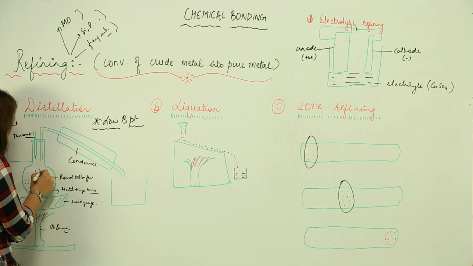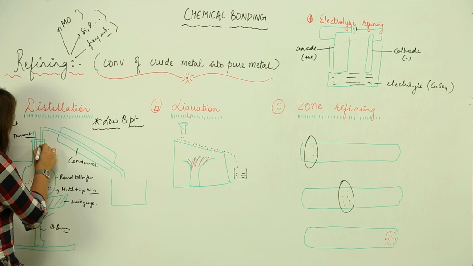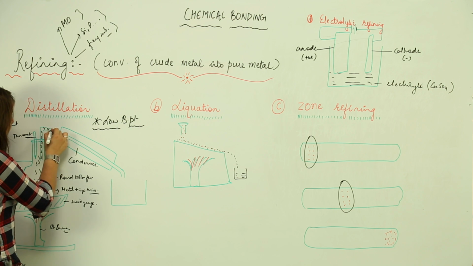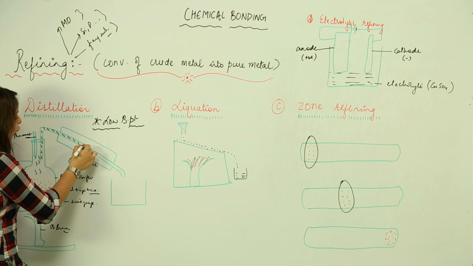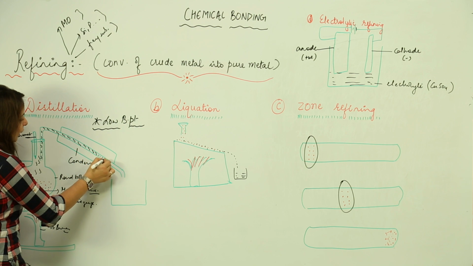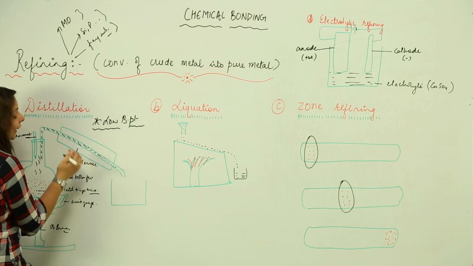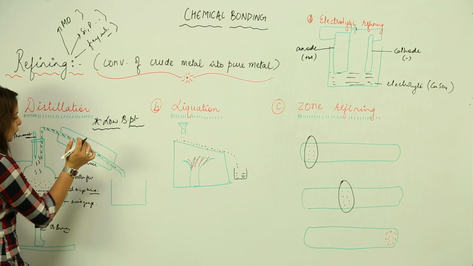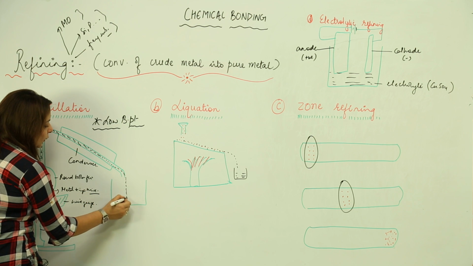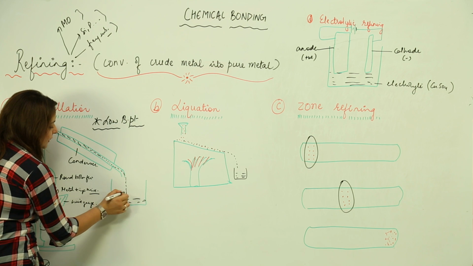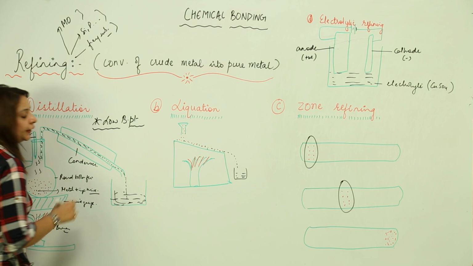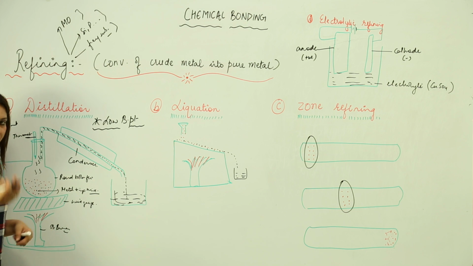The metal will vaporize, and as it vaporizes, it rises and passes through this tube, and on passing through this tube it gets condensed, because there is a condenser outside, and likewise we can collect our metal here. That means the vapors are getting condensed.